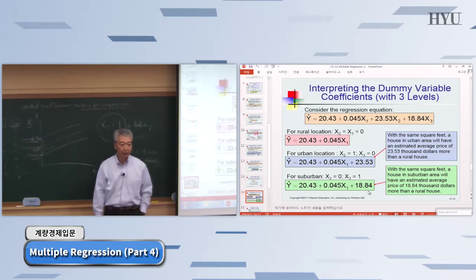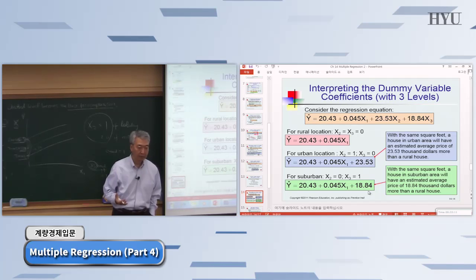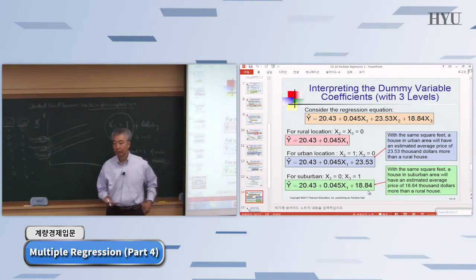So by omitting one level, you can figure out the difference between any combination, any pair of the levels.